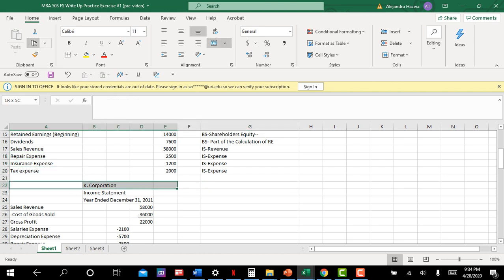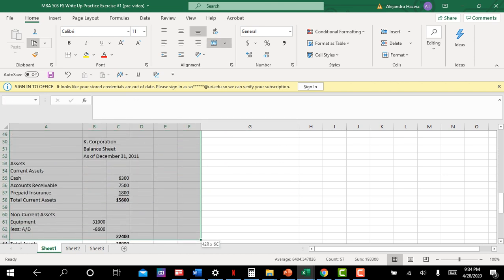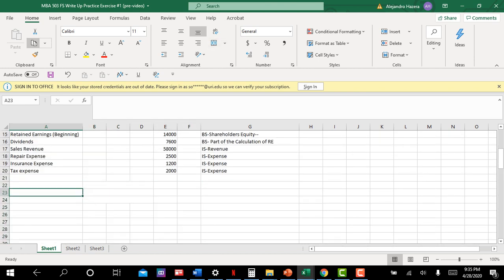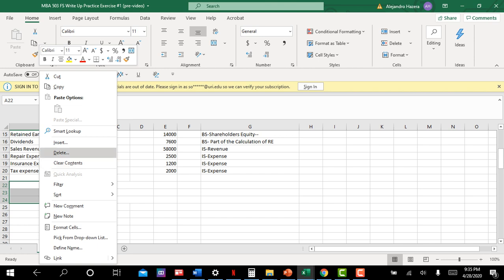Now I'm going to go ahead and erase these financial statements. They were built for a service company originally. So I'm going to take out the financial statements, and I'm going to delete some rows here.